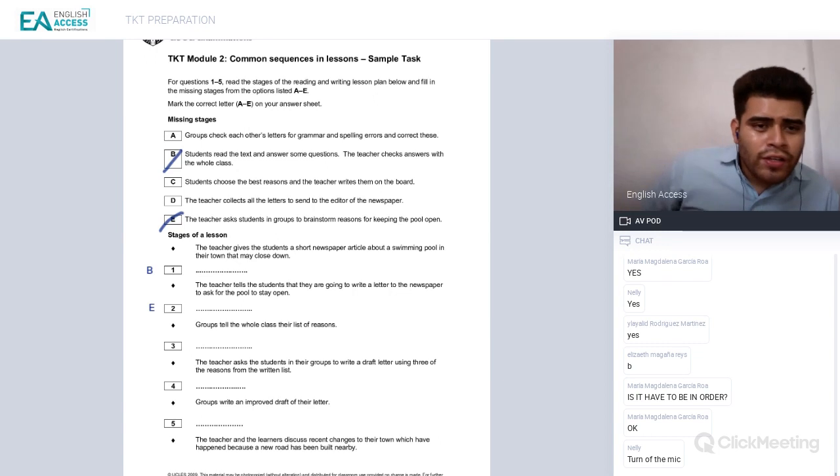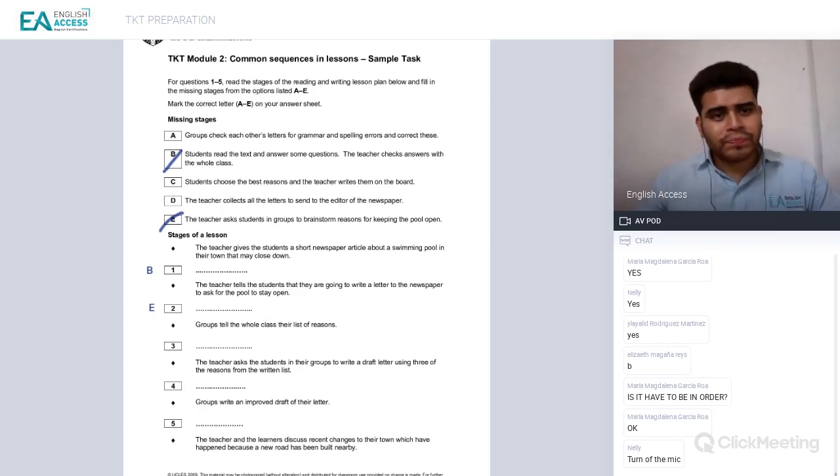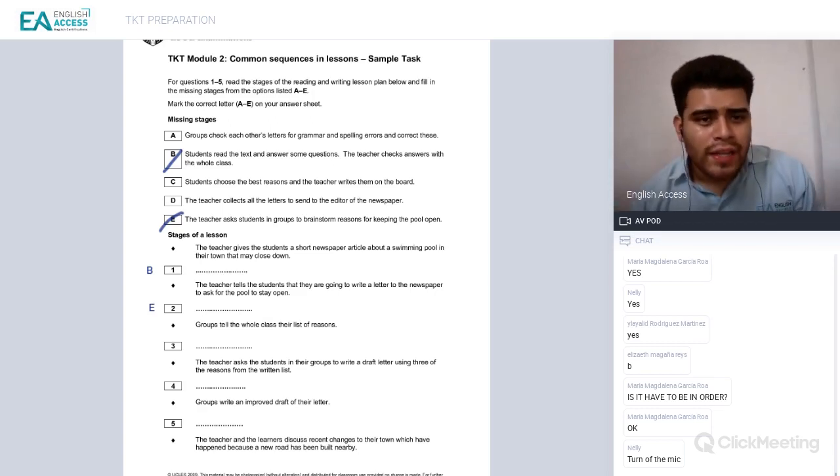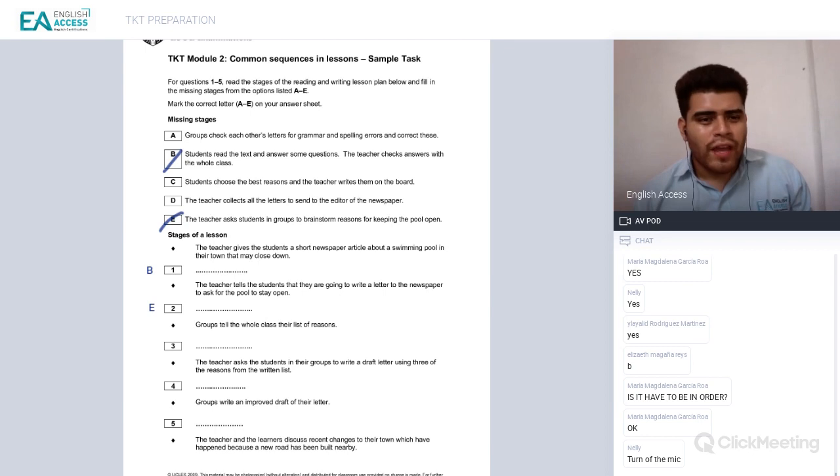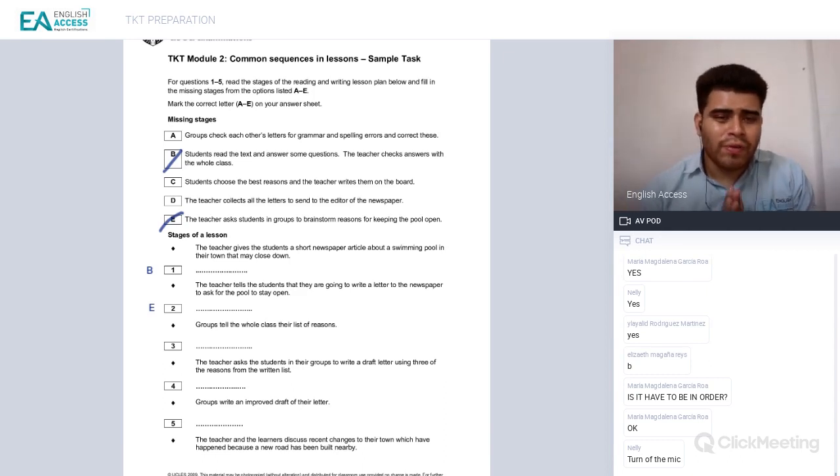All right, so the teacher gives the students a short newspaper article about a swimming pool in their town that may close down. So you give them the article. And next, the students read the text and answer some questions. Okay, they answer the questions. And then the teacher tells the students that they are going to write a letter to the newspaper to ask for the pool to stay open.